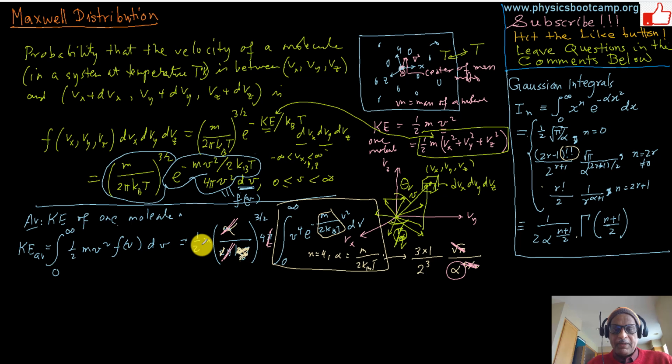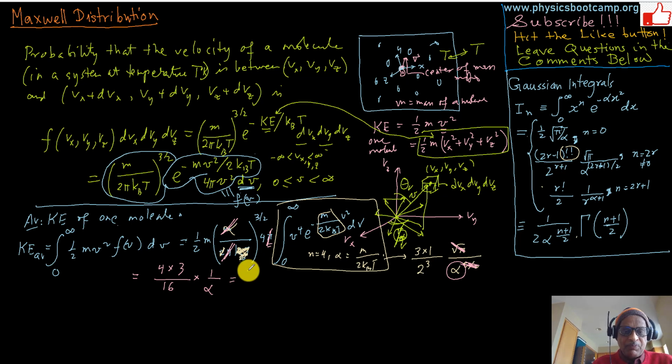So what do we get? We get 4 times 3 in the numerator, and then 2 times 8, we get 16, and then we have 1 over alpha.